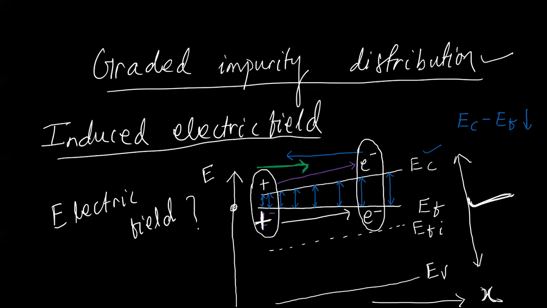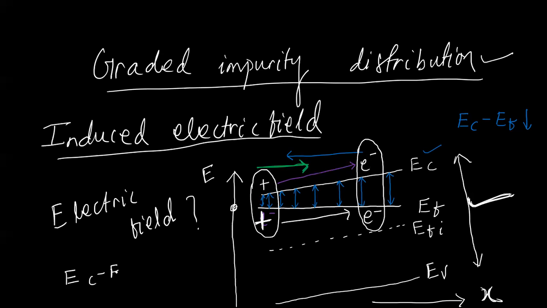Okay. So here, if you want to know why this EC and EF are close for a heavily doped donor impurity atom, there is a formula we have already derived in one of the videos, you can refer.